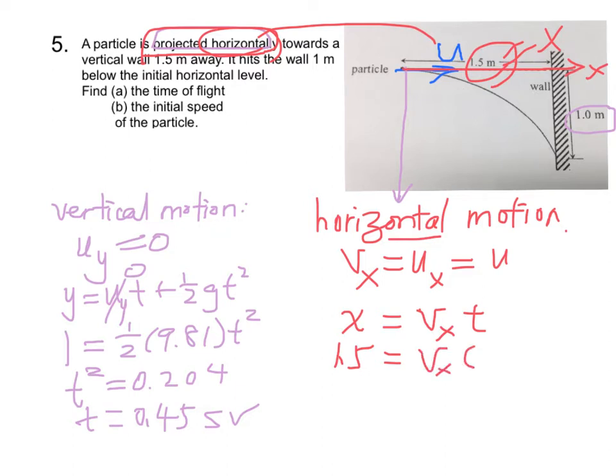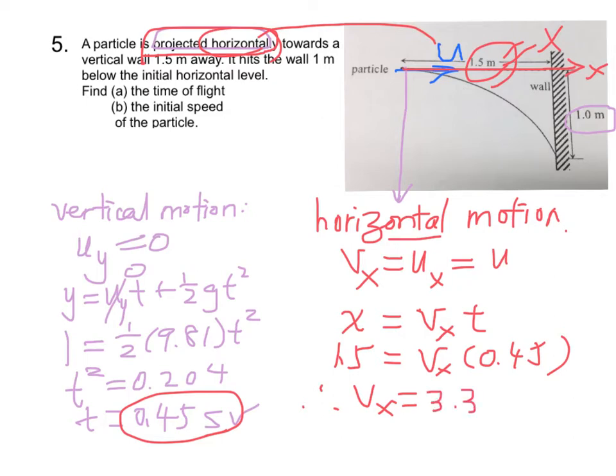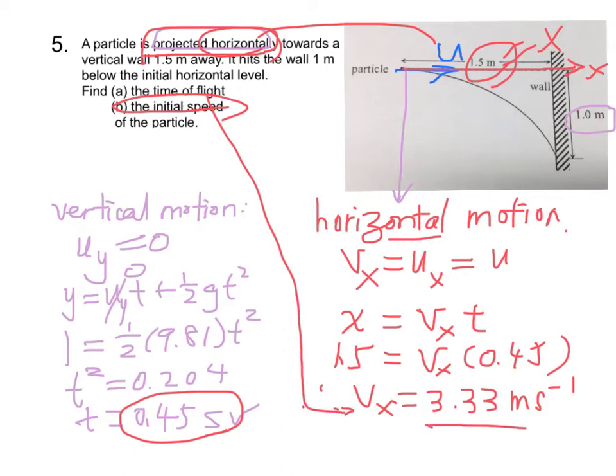Time t has already been found, equal to 0.45 seconds. Therefore, Vx equals 3.33 meter per second. Hence, the initial speed is 3.33 meter per second.